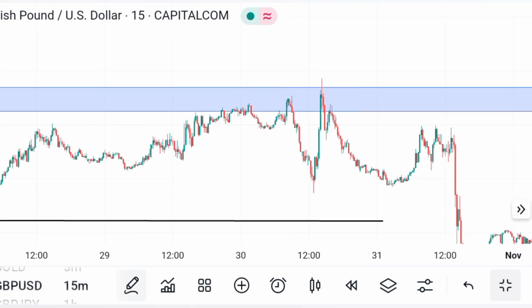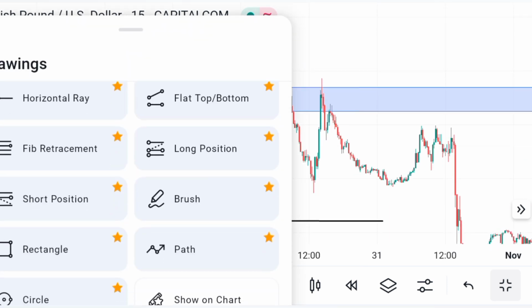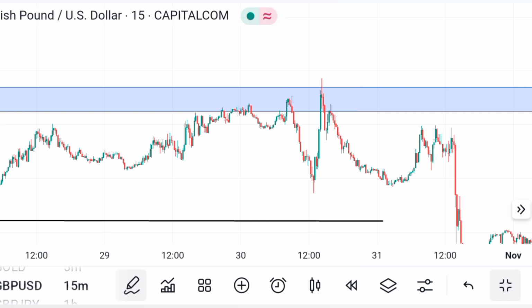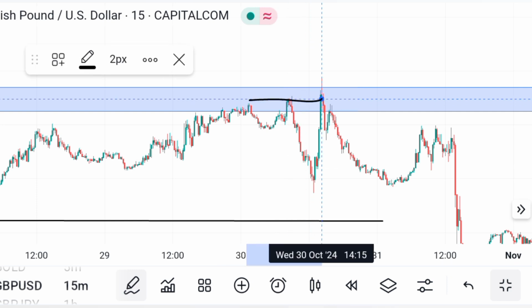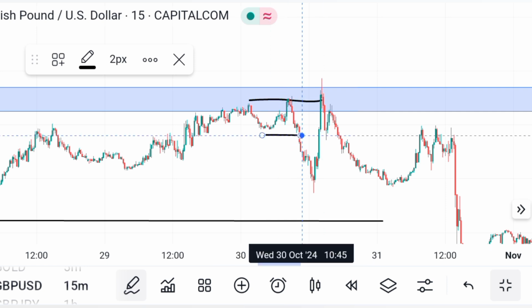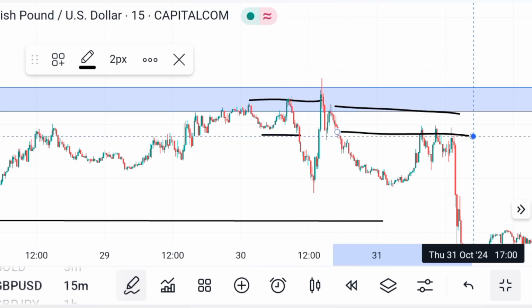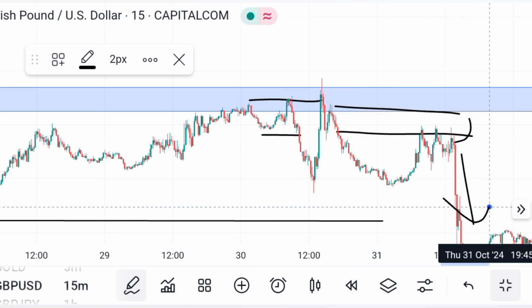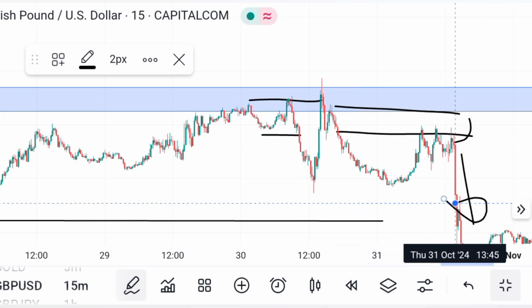Then here it gave us a change of character. This is the change of character we are talking about, because of this break above, then this break of this low, then coming back to our zone here. This is the zone that we really sold from. Let me clarify more about this zone.